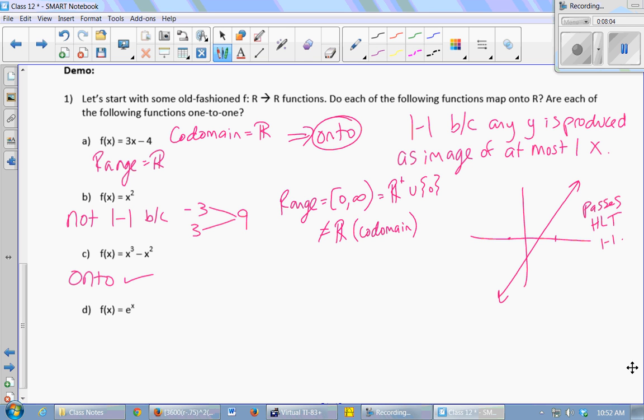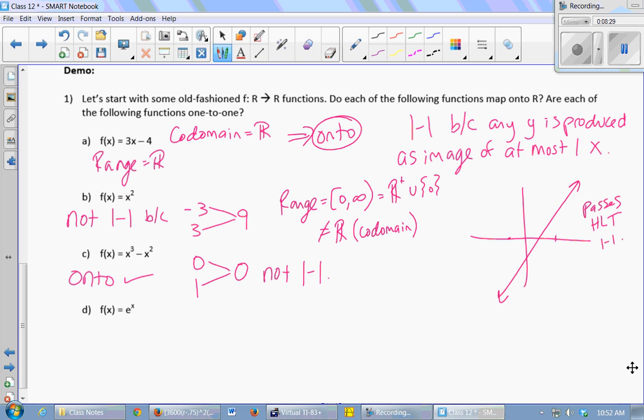So 0 and 1 both map to 0. So this is not one-to-one. You only need one counterexample. You just need one y value that comes from two different x values, and you're not one-to-one. So that's an example of a function that's onto but not one-to-one.